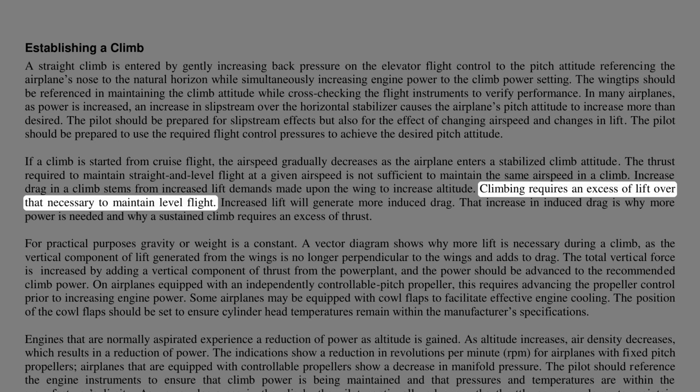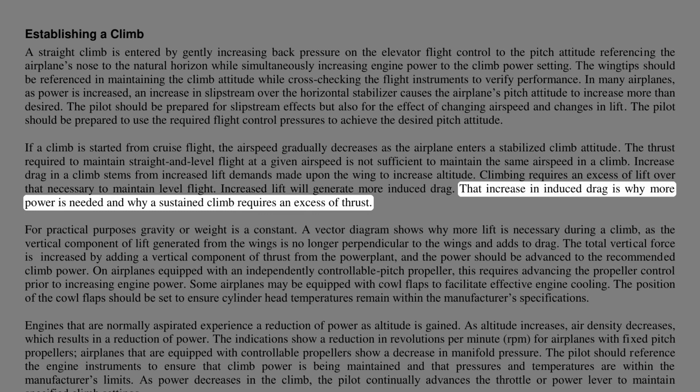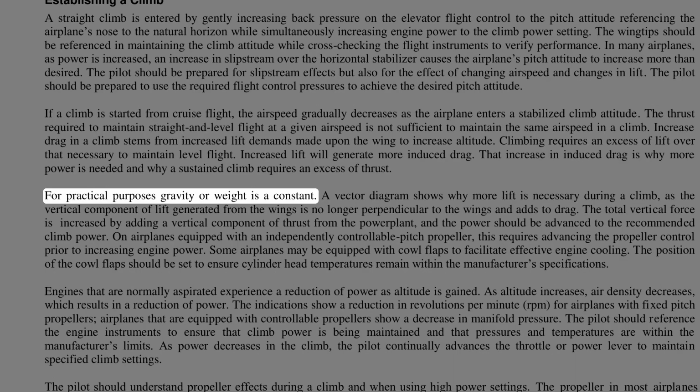Climbing requires an excess of lift over that necessary to maintain level flight. Increased lift will generate more induced drag. That increase in induced drag is why more power is needed, and why a sustained climb requires an excess of thrust.